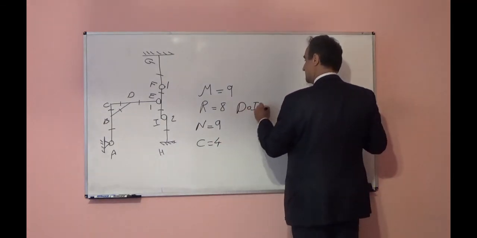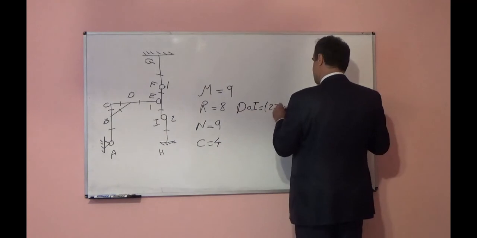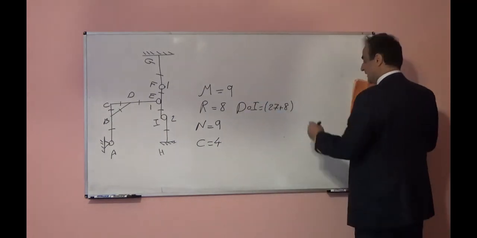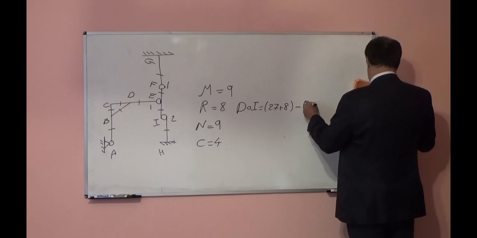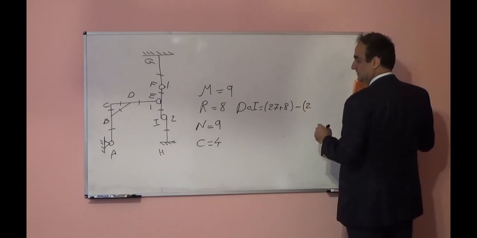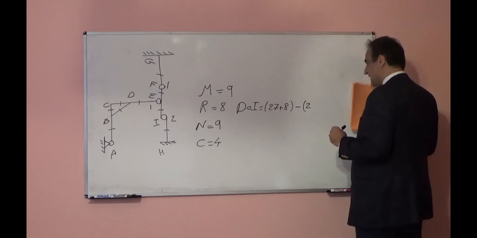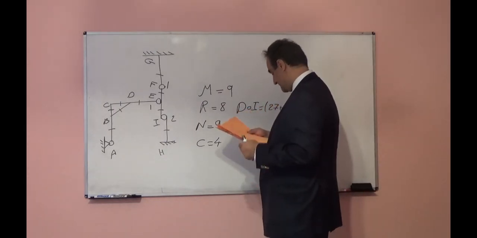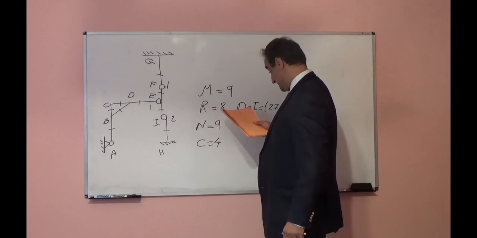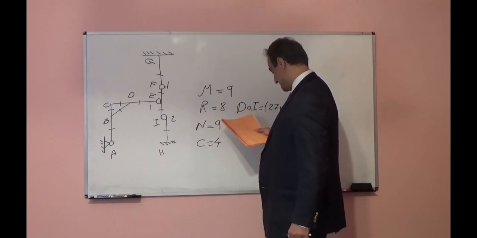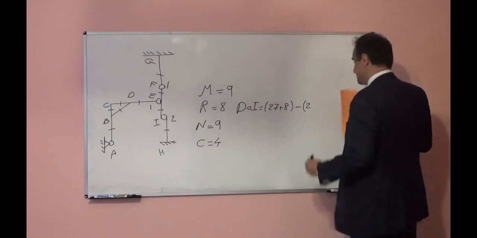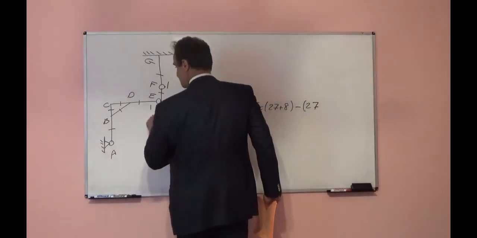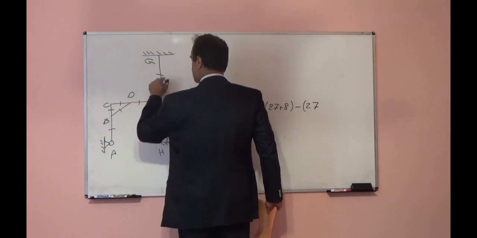From here, we can write 3 times m plus r minus 3 times n. 3 times m, 27, plus r, 8, minus n, 3 times 9, 27. n was 1, 2, 3, 4, 5, 6, 7, 8, 9.